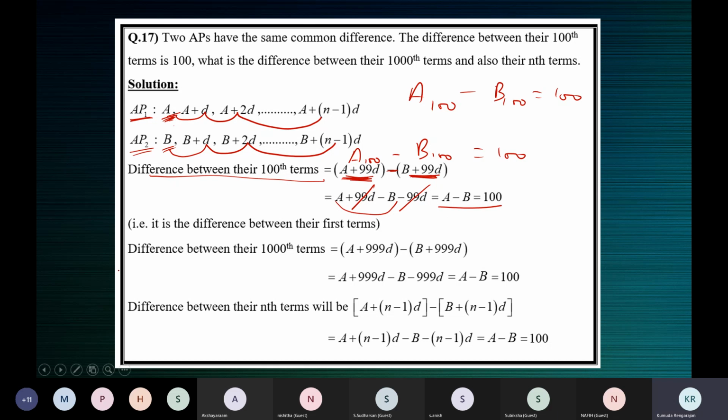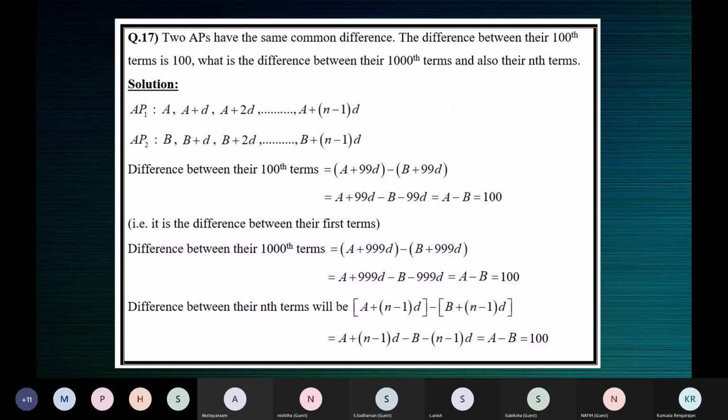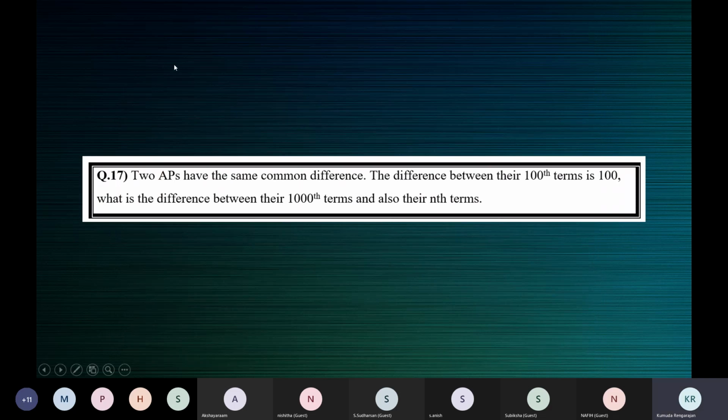You can also work the same like this. Please write it like this: the difference between their 100th terms is 100.